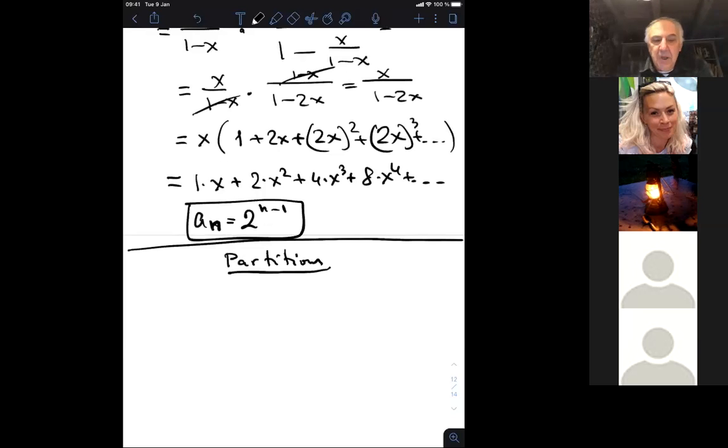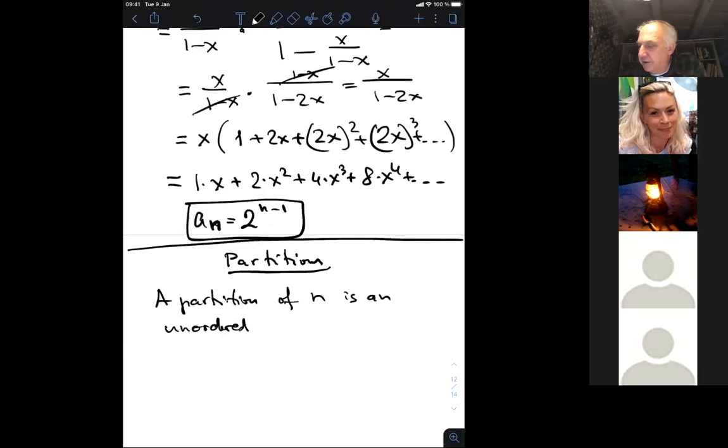Okay, so partitions are kind of compositions, but we do not care about the order. So a partition of n is an unordered expression n equals m1 plus m2 plus ... plus mk.